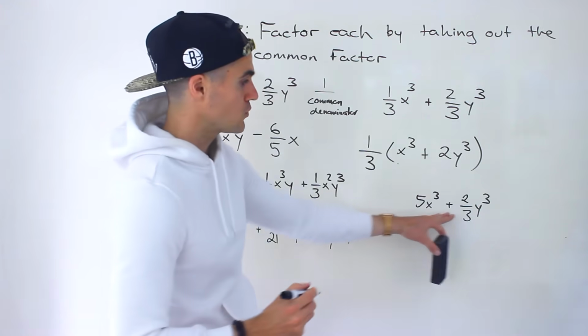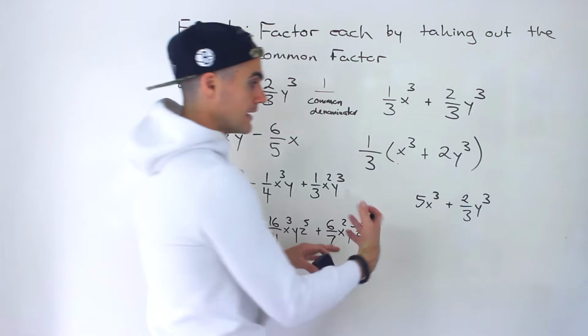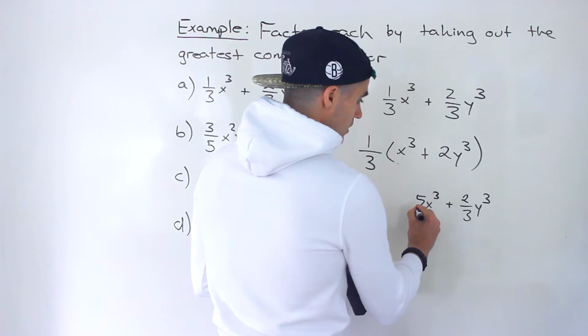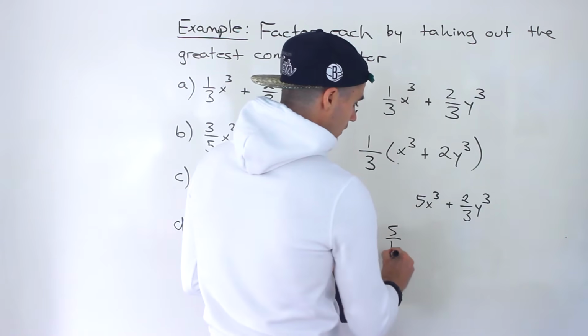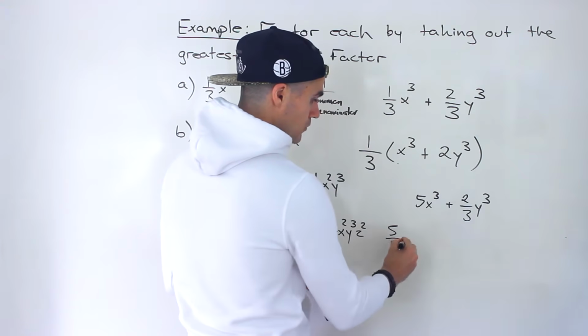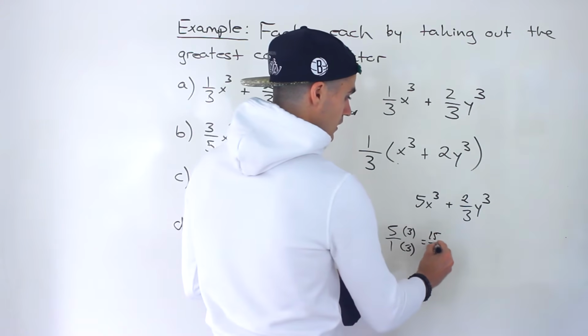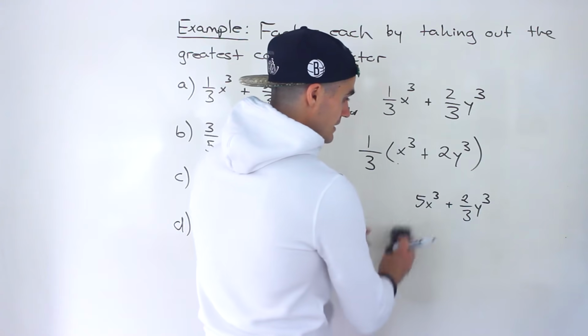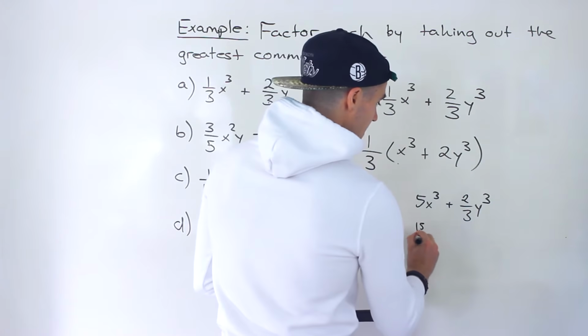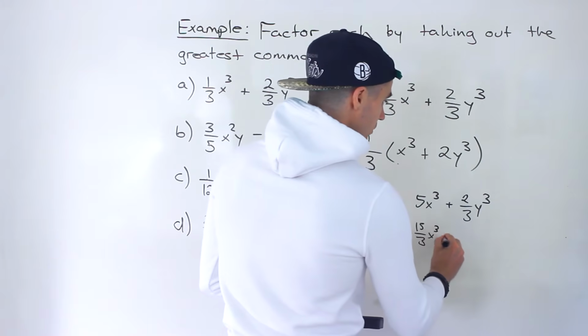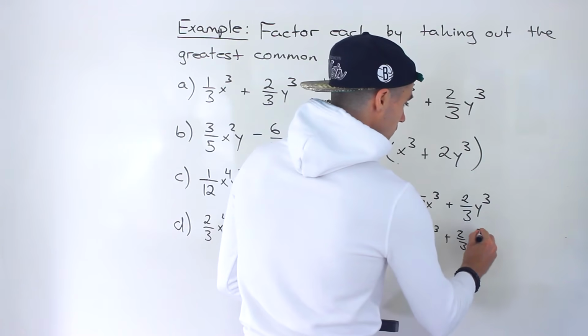Because we're dealing with a fraction, we want to convert everything to have a common denominator. So notice this 5 over 1, how can we convert it to have a denominator of 3? We would multiply the bottom by 3, multiply the top by 3, so that's 15 over 3. So we would rewrite this as 15 over 3 x cubed plus 2 over 3 y cubed.